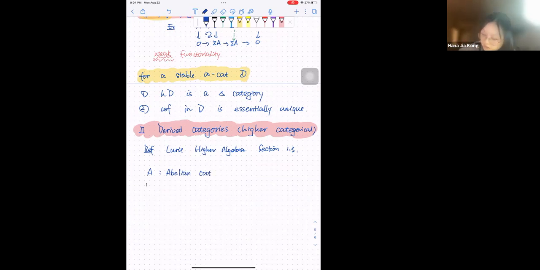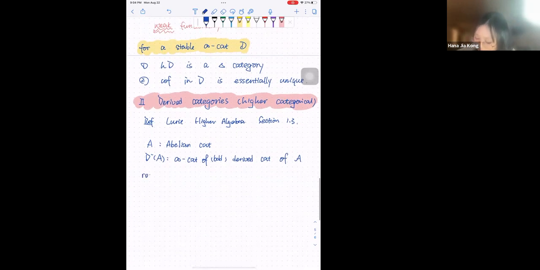And you want to build a category, which in Higher Algebra is denoted by D minus of A. Maybe let me say the infinity category of the derived category of A. Roughly, it is the following.